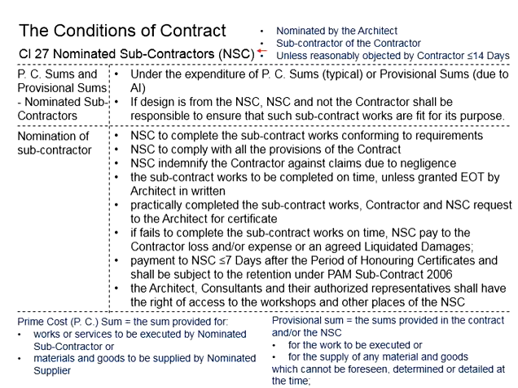We know that the nominated subcontractors are the person nominated by the architect or the employer, which will be under the responsibility of the contractor, as the nominated subcontractor is actually a subcontracting contract from the contractor.